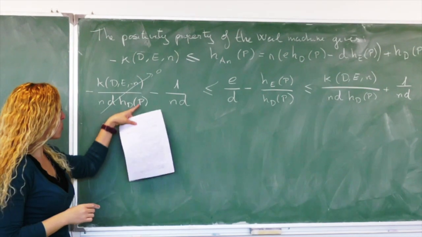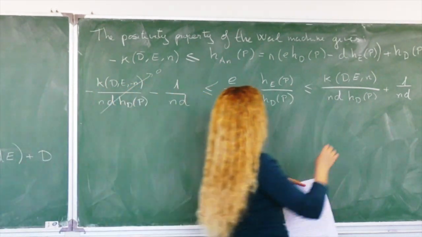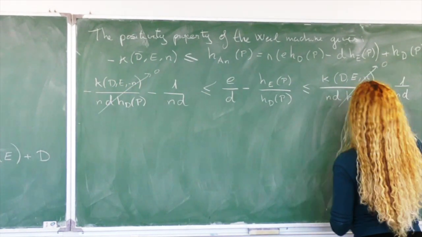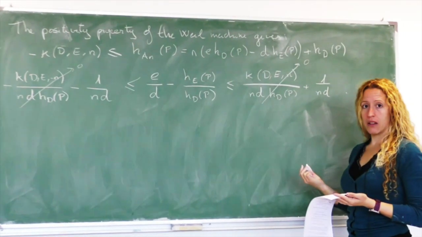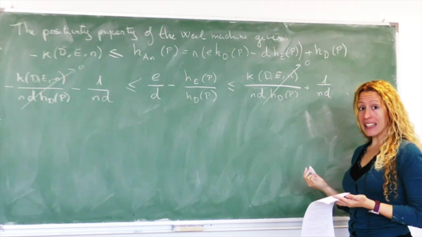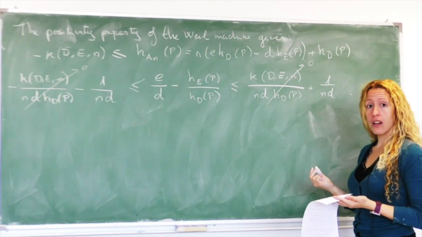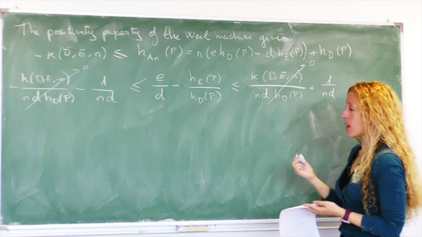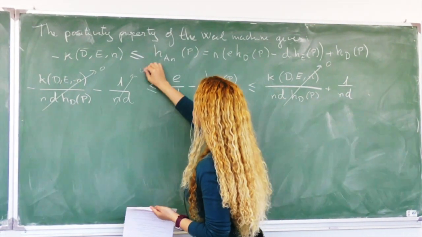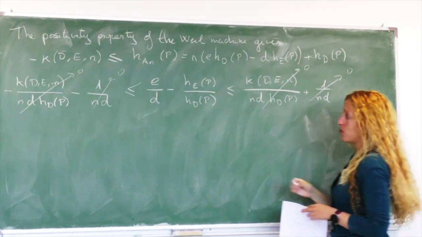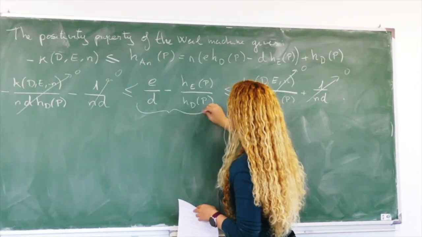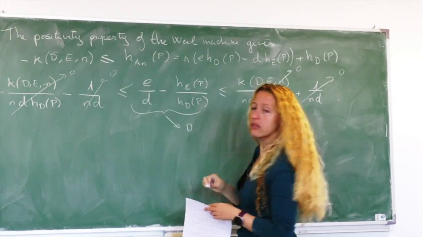And I'm making this go to infinity. So same thing in here. But now this is still true for all n. So I can take n as big as I want. And if I take n as big as I want, this part also goes to 0, and this part also goes to 0. So this means that all this quantity here goes to 0.